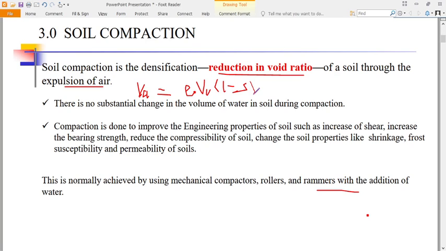We discussed that the best way you can improve a soil is by somehow increasing the degree of saturation.